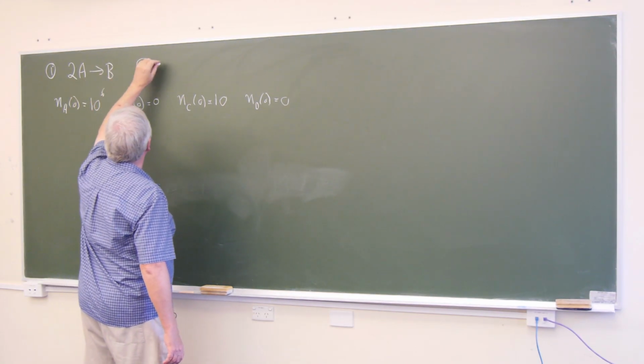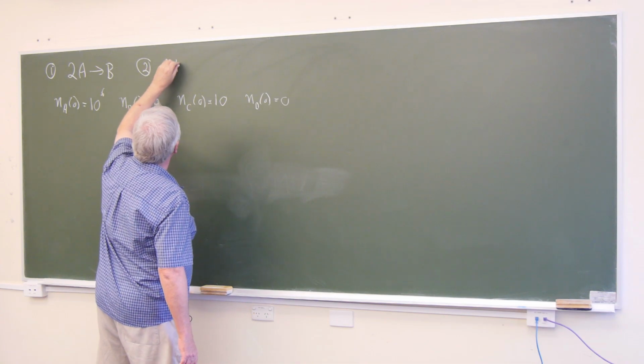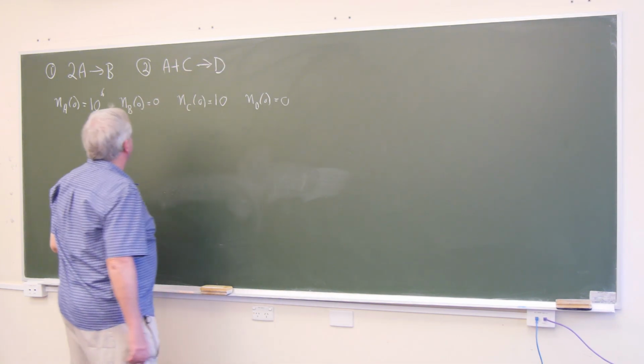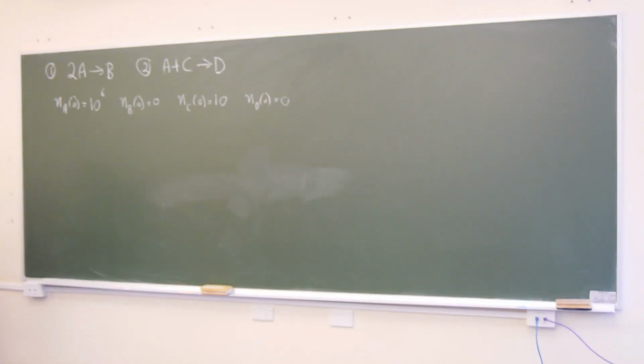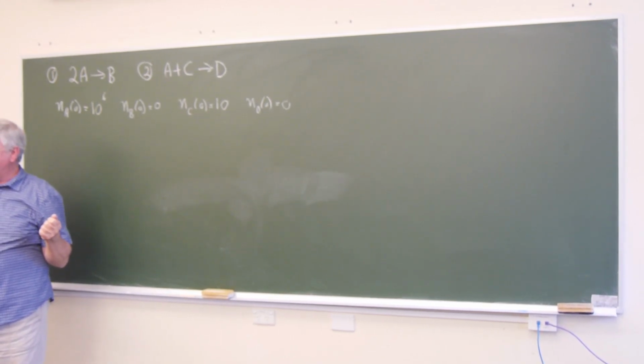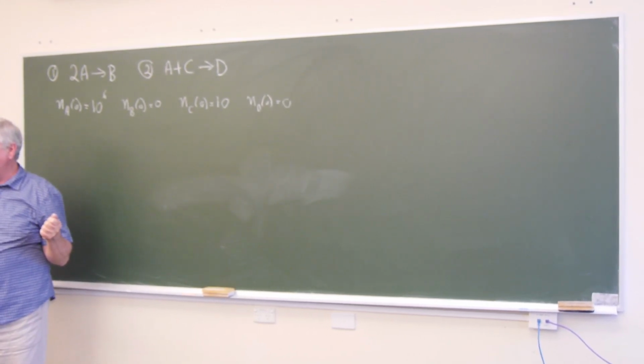2A goes to B. A plus C goes to D. And that's it. So you can imagine you've got these million molecules of A and 10 molecules of C initially floating around in a beaker or something like that. And every now and again you get a pair of molecules coming together, doesn't matter what type.